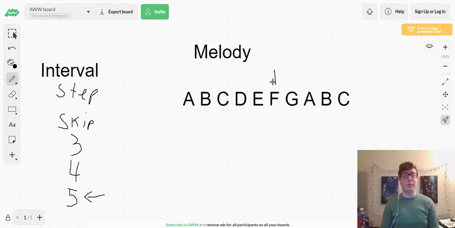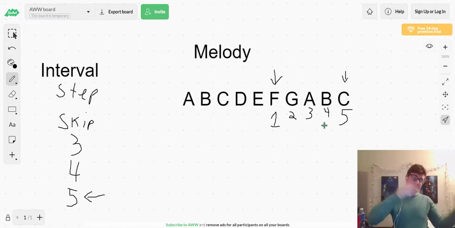And let's start on the same note, F. F will be our number 1. Remember, number 1 is whatever note you are starting on. And let's count up. F is 1, G is 2, A is 3, B is 4, and that means C is number 5. So F up to C is a fifth.